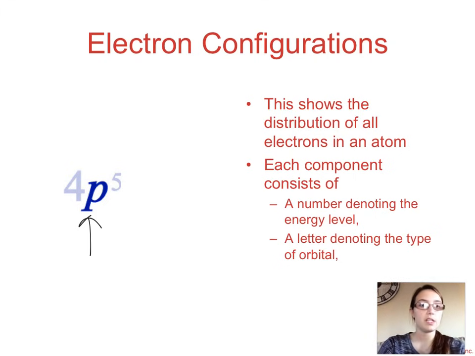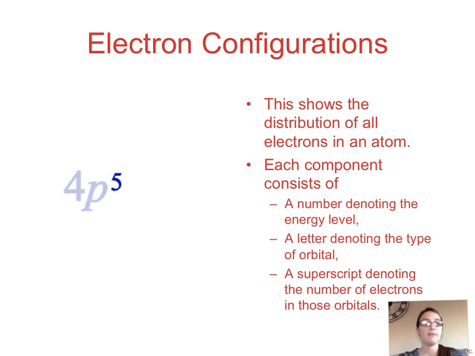This tells us what sublevel we're in, which is based on the value of l. And then finally, we have this superscript, in this case a 5. The superscript tells us the number of electrons in the orbitals. So in this case, in the p sublevel, we have 5 electrons. This is the overall electron configuration.